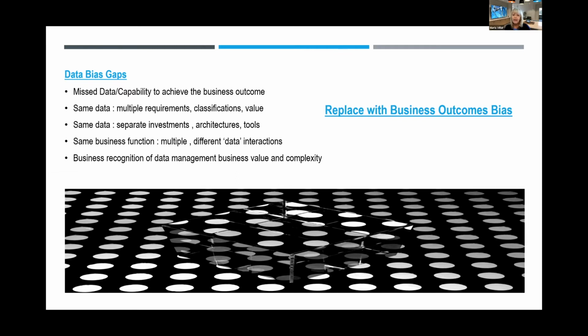So I would argue that a bias-based strategy is less effective at communicating the complexity of managing data, certainly the need for investments, the value of it, and that really it's going to then drive those business executives to be a bit more confused, right? And maybe dissatisfied.